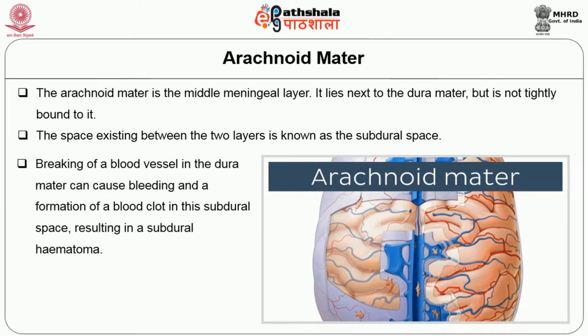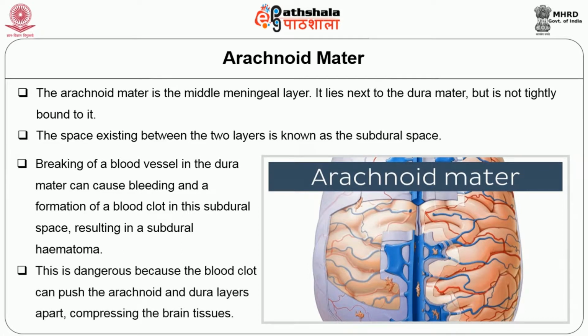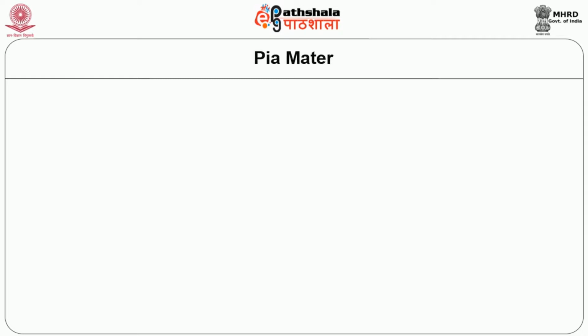Breaking of a blood vessel in the Dura Mater can cause bleeding and the formation of a blood clot in this subdural space. This results in a subdural hematoma. This is dangerous because the blood clot can push the arachnoid and dura layers apart, compressing the brain tissues. We are now moving on to the Pia Mater.